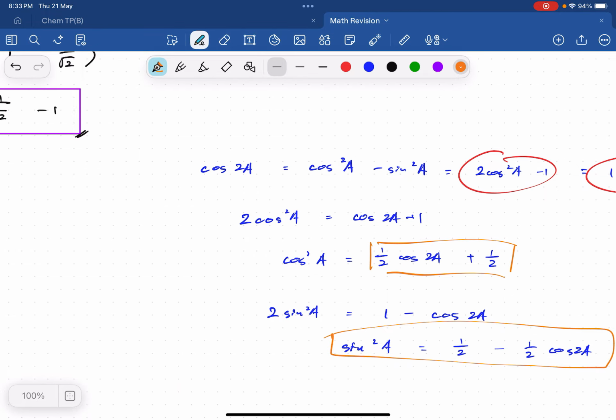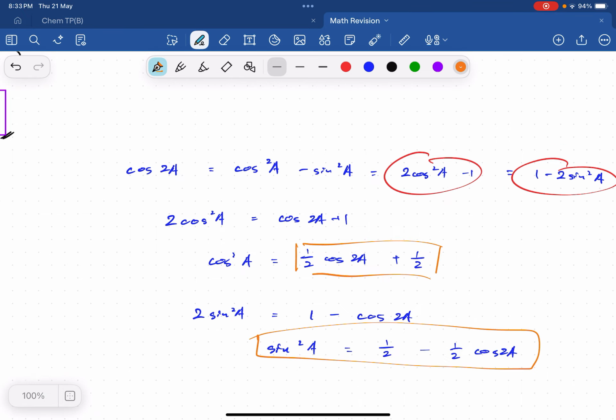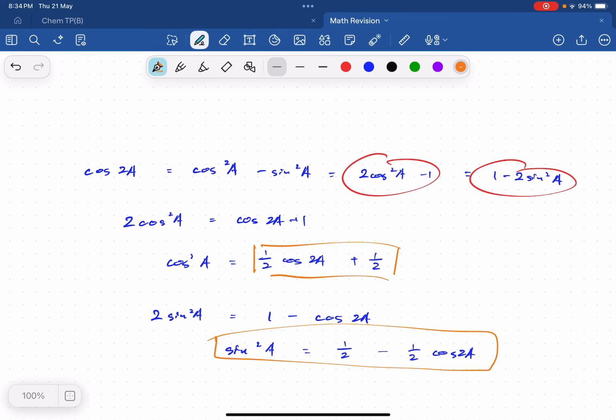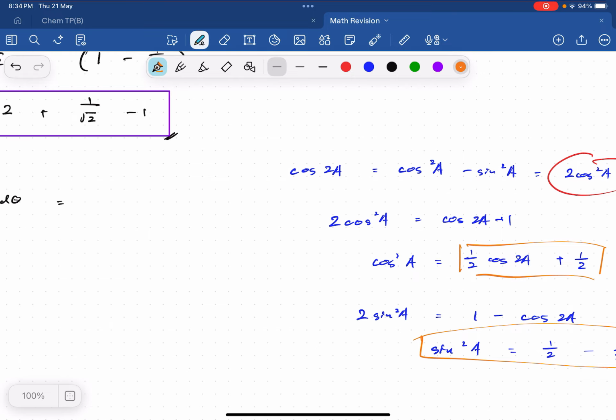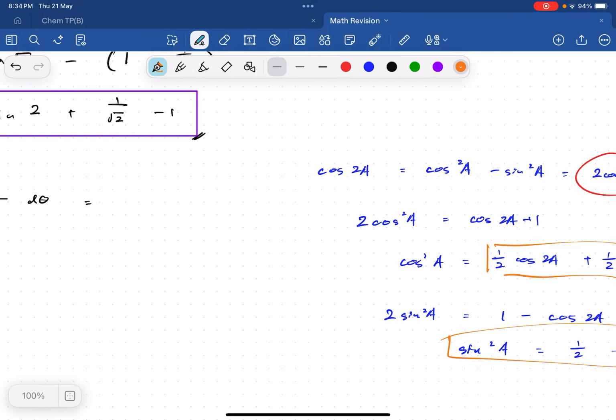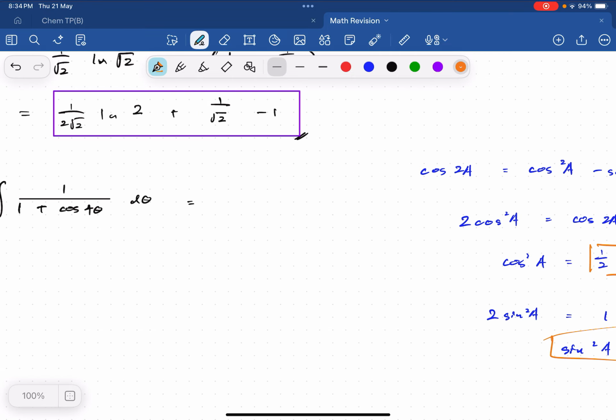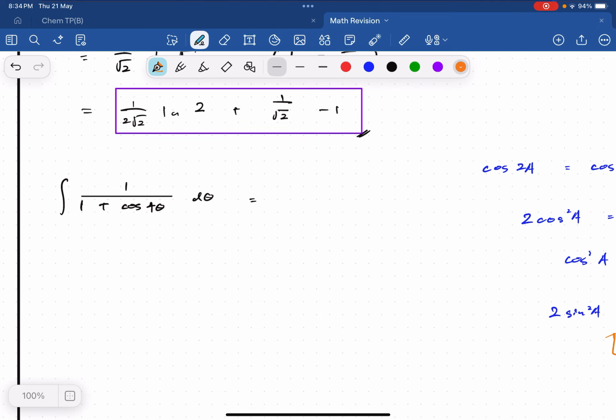So, if I am able to simplify things like that using the double angle formula, I will be able to actually integrate expressions involving cosine squared and expressions involving sine squared. Okay, I will see if I can find an integral covering this in the next video because this video is getting rather long already. Okay, so let's just do this integral.